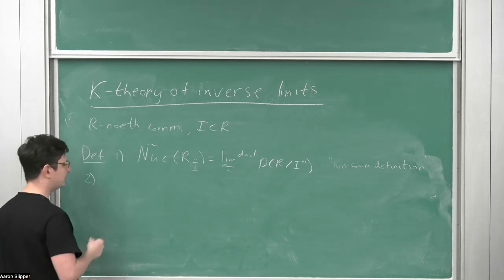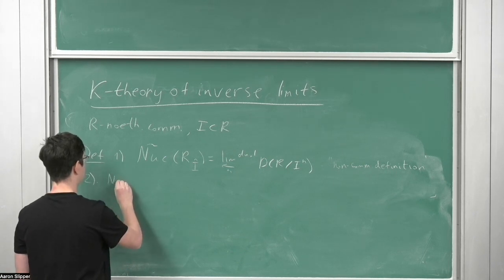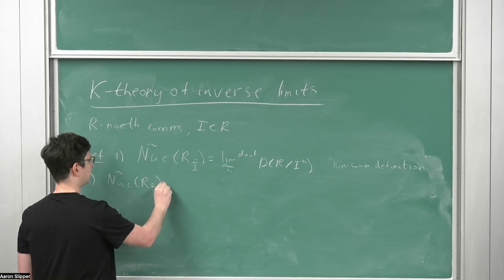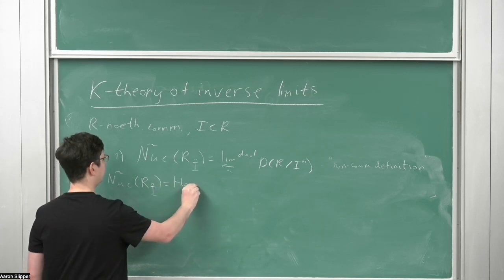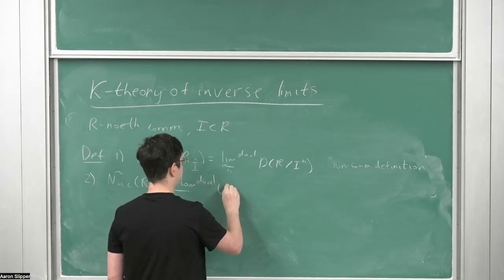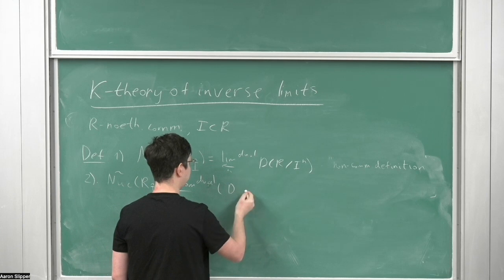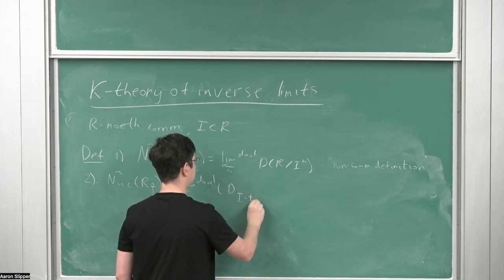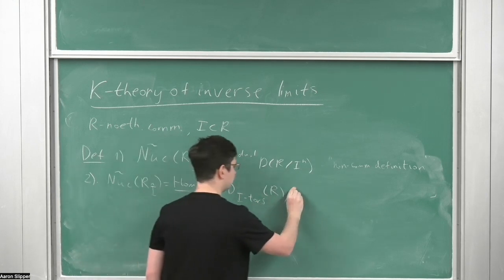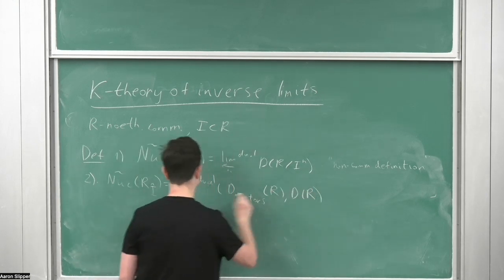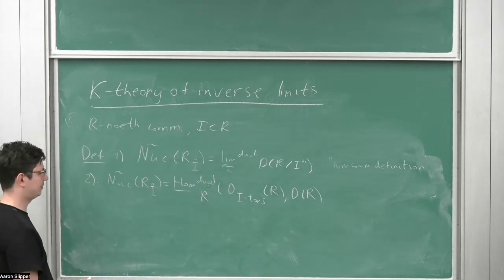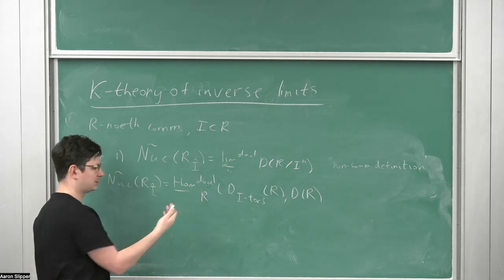The second definition, which is also non-commutative, is that this nuclear category is the dualizable internal Hom from the I-complete, or equivalently I-torsion, derived category of R to the derived category of R. And Hom is R-linear, and this is the internal Hom in the symmetric monoidal category of R-linear dualizable categories.